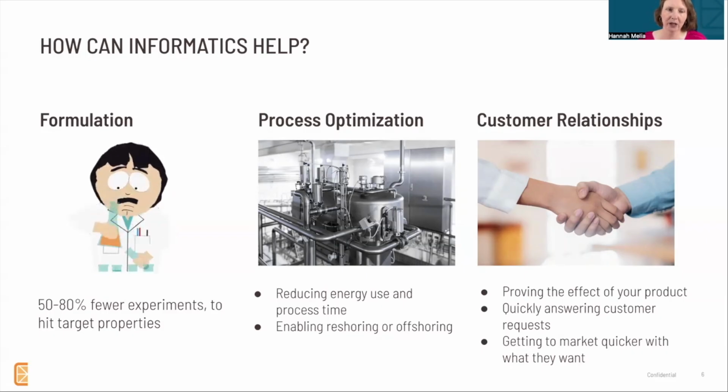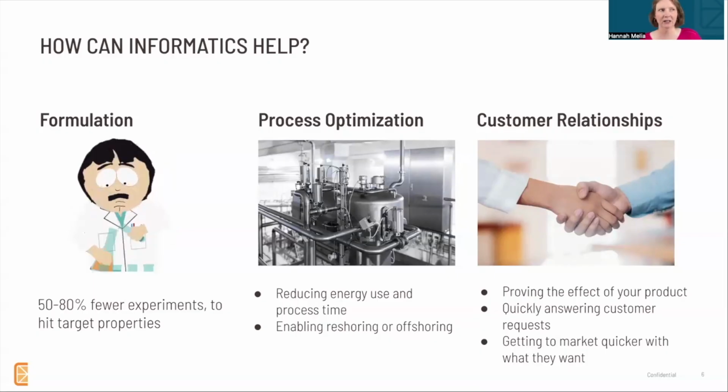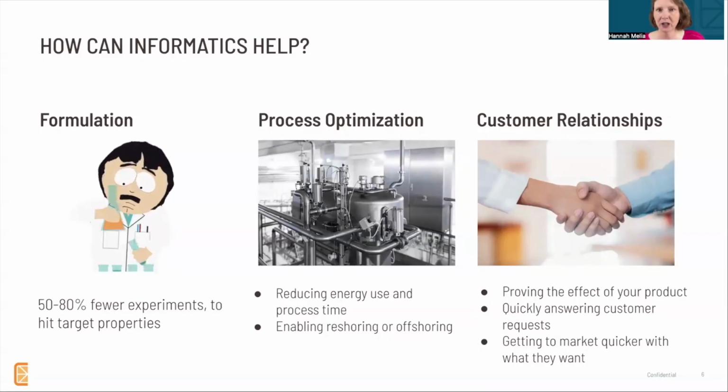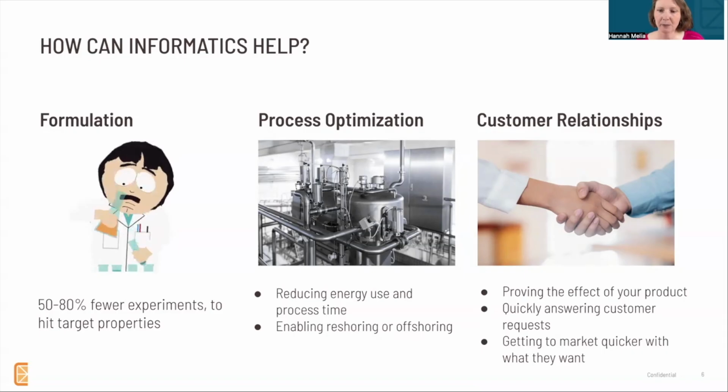For example, our customers who are specialty chemical manufacturers use it in formulations like paint formulations, for example, to show how their product impacts the properties of their customer's product and therefore to get a higher margin.